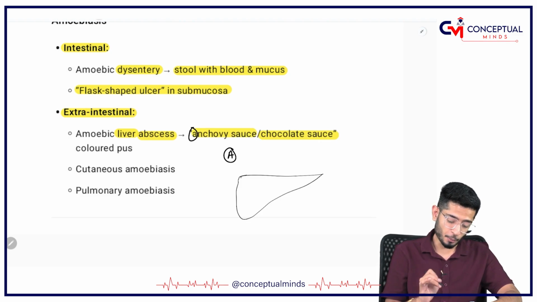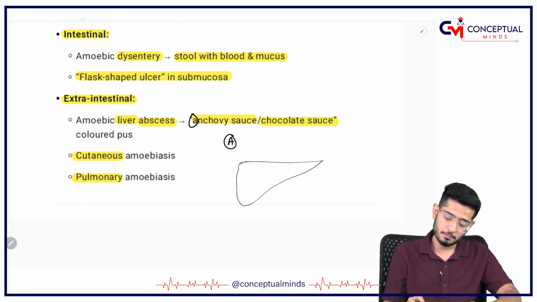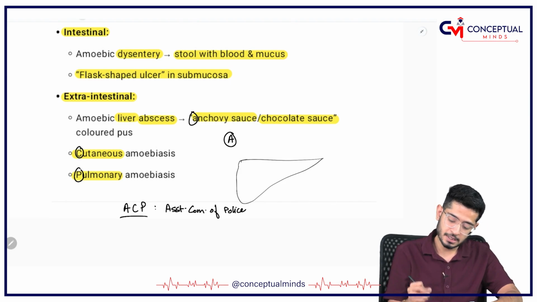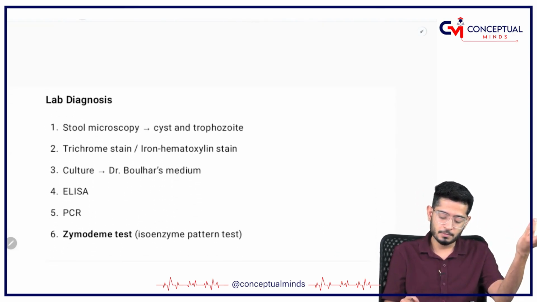Now, amoeba can be cutaneous also on the skin, and it can be pulmonary also. You can remember it with the mnemonic ACP, that is Assistant Commissioner of Police. P for pulmonary, C for cutaneous and A for Anchovy sauce. Otherwise, if without mnemonic, you can remember well and good.